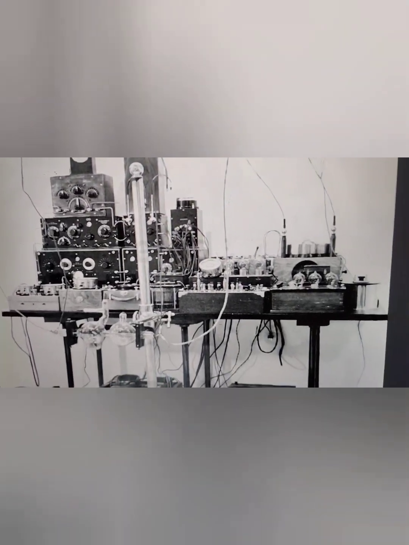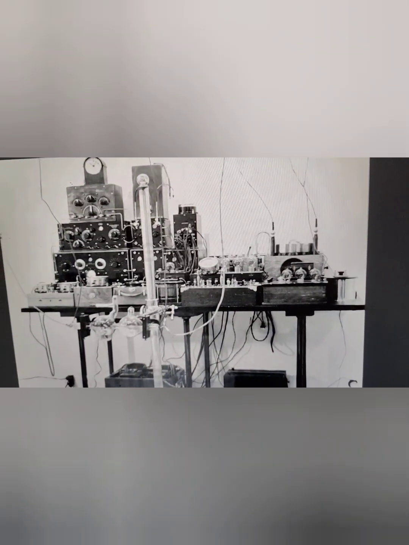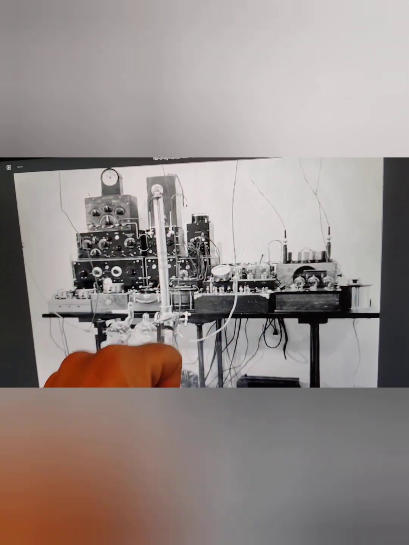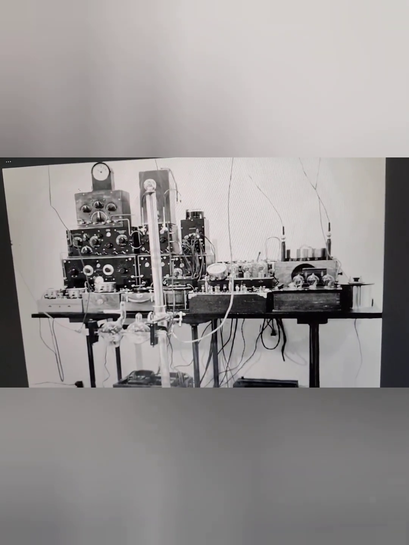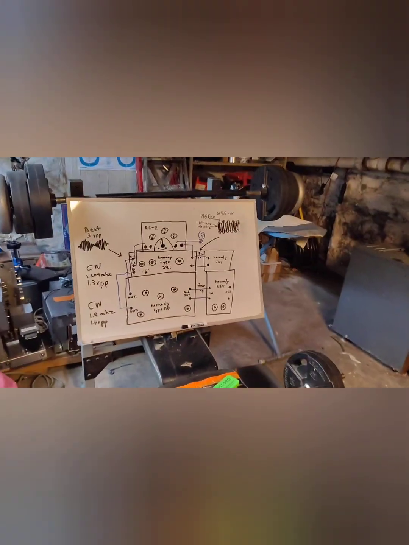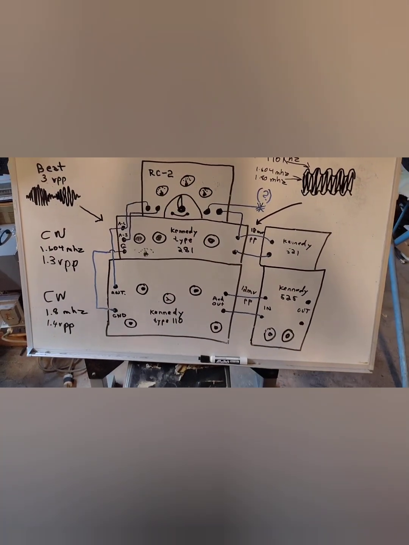Now, if you do an AI enhancement of this old black and white photograph, you can derive what the connections are in how the radios are connected up. And we've done this, and this is the diagram that we have derived.